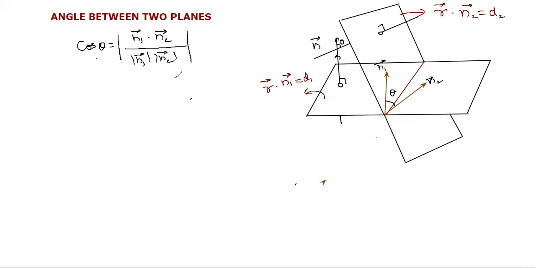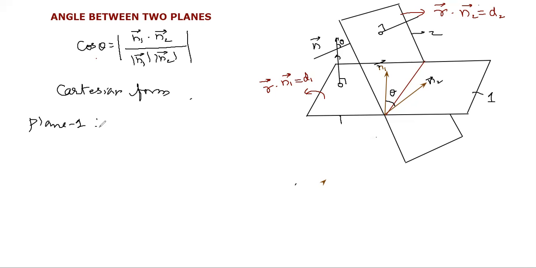So here n1 is the normal to the plane, whose drs are the drs of the plane. Now this we considered in the vector form. So if we have it in the Cartesian form, this is our plane 1, and this is suppose our plane 2.